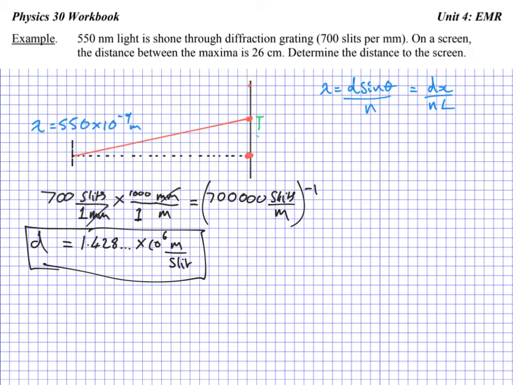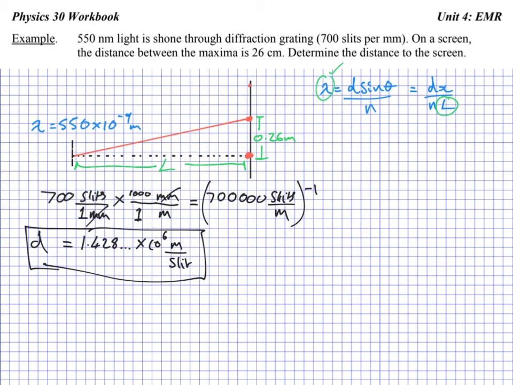I'm going to put it in meters because that's going to make my life easier. So this distance here is 26 centimeters. What I'm trying to find is L, which is this distance here. And so hopefully you can see I need L, which is here.